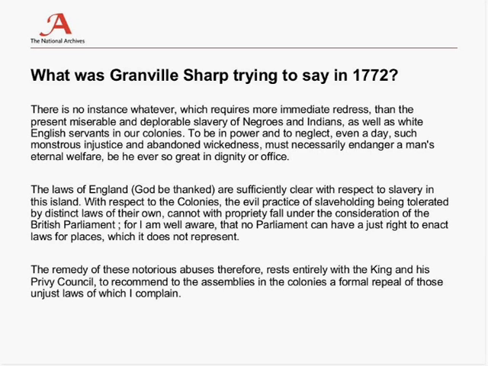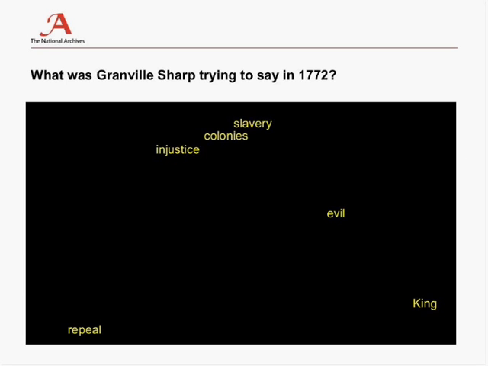But by using a very simple technique, just by blocking out most of the language, and just getting your students to leave what they think are the key words, you know, slavery, colonies, injustice, evil, king, repeal. What Granville Sharp is saying is that the slavery in the colonies is a huge injustice and a great evil, and he wants the king to repeal the use of slavery and the laws that allow it.